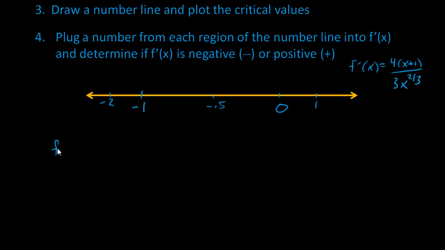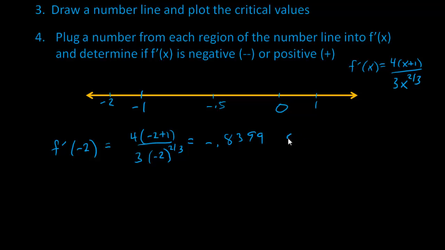So f prime of -2. It's going to be 4(-2) plus 1 over 3(-2) to the 2/3.